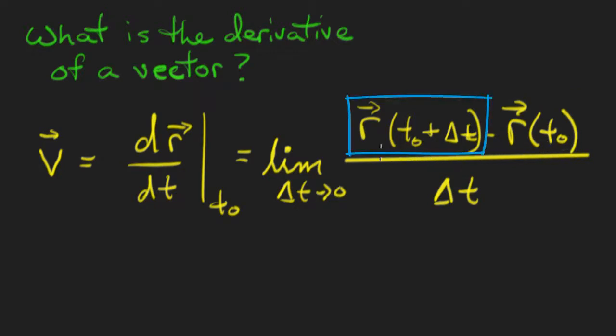And the first one is the position vector at a short time into the future, the current time plus a little bit of delta t. This delta t is how much into the future I'm looking. And I need to take the difference between these two position vectors. So that's why I have both of those points, the current time and a little bit into the future.